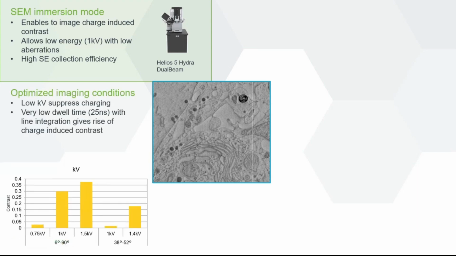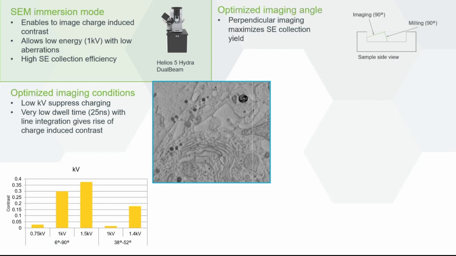So we use low kV imaging to suppress charging and to improve contrast. The 90 degrees imaging is used in all experiments. That's why we have to swing the stage on each slice during volume collection.